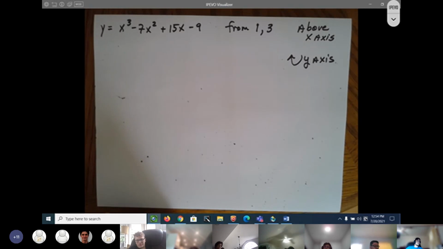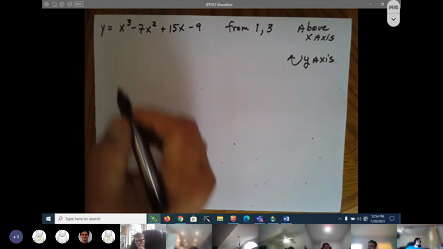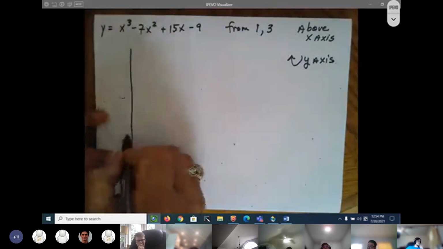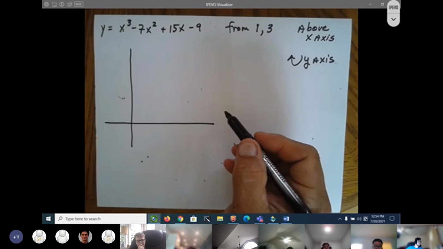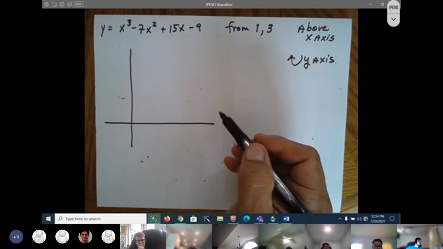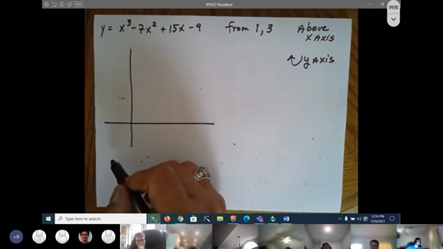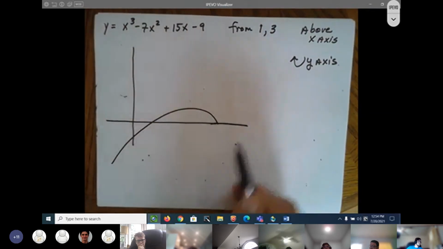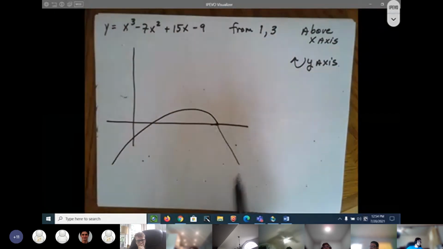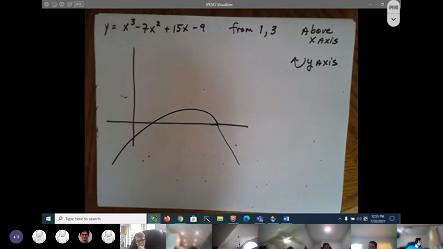So this one again looks like a bundt cake. It's going to be something like this, and I think it comes up like this. And we've got 1 to 3.